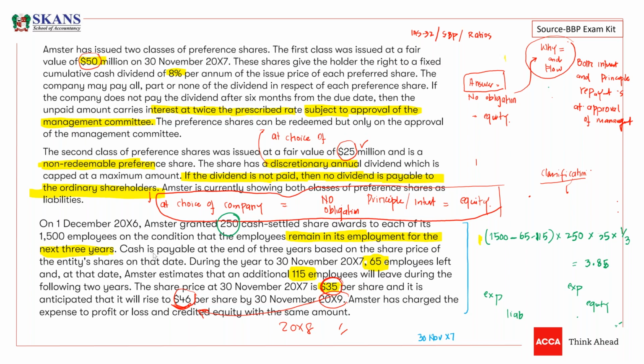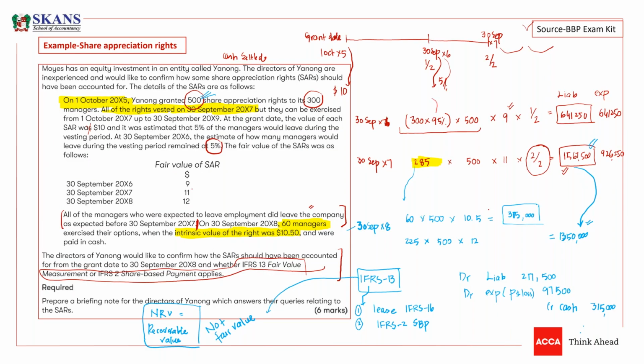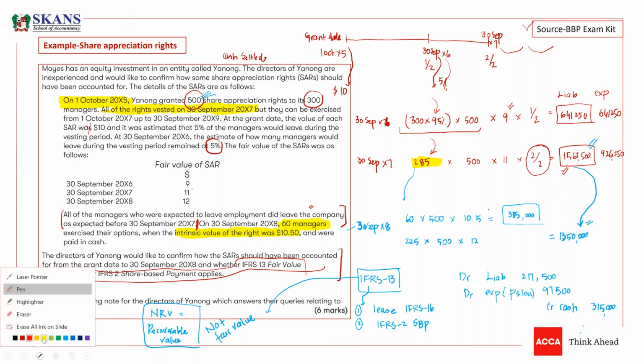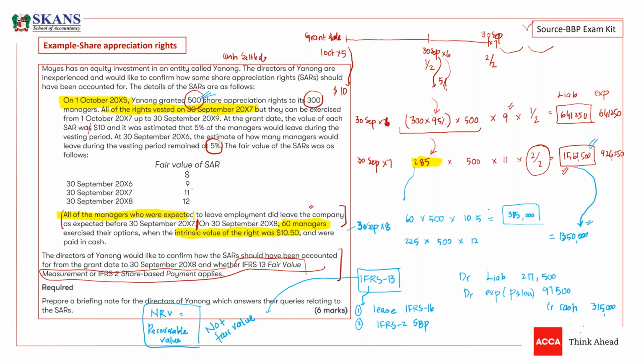So there is another question from the previous part, and that is why we are taking this 95 if no employees have left? Why we are taking this 285 if no employee has left? Actually, employees have left. Please listen carefully. This is the question. Look, all the managers who were expected to leave, and we were expecting that 5% will leave, who were expected to leave employment did leave the company.